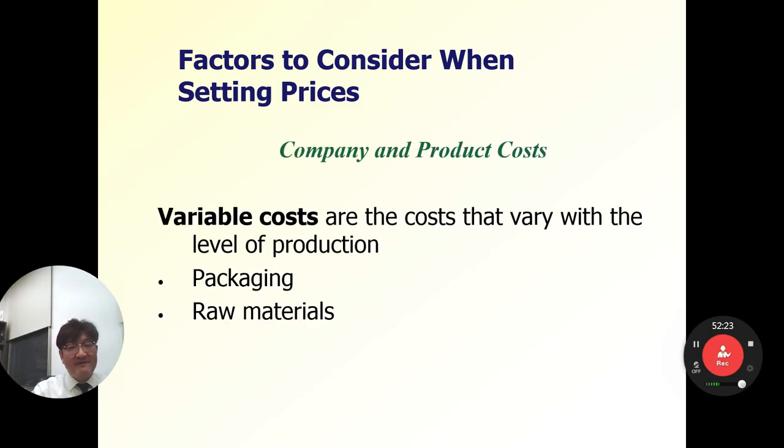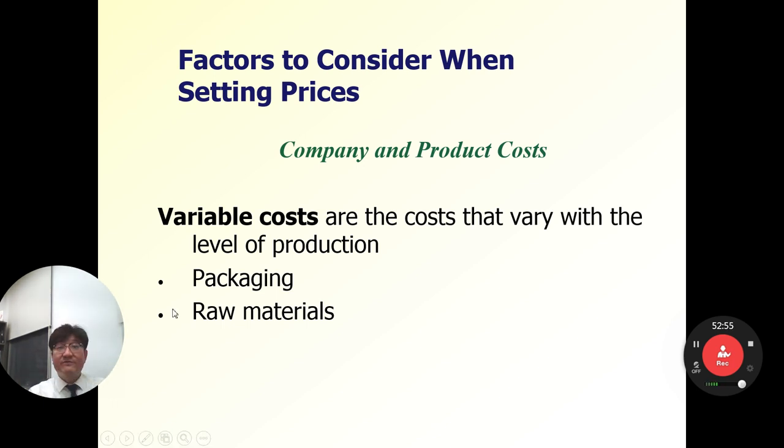However, the variable cost is different. Variable costs are the costs that vary with the level of production, which means that if you want to make more units, you have to pay more. For example, raw material. If you want to make 100 units, you need to pay 10 times more variable cost than the production cost for 10 units.